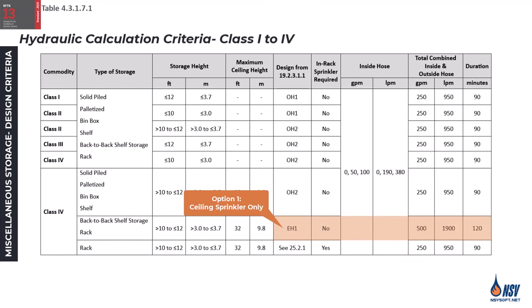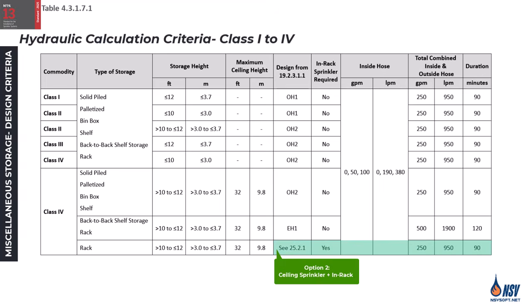If we apply the first option, the sprinkler system must be designed based on extra hazard group 1, with a total combined inside and outside hose stream allowance of 500 gallons per minute and a duration of 120 minutes. However, by applying the second option, the ceiling sprinklers are designed based on ordinary hazard group 2. This lowers the total combined hose stream allowance to 250 gallons per minute and the duration to 90 minutes.